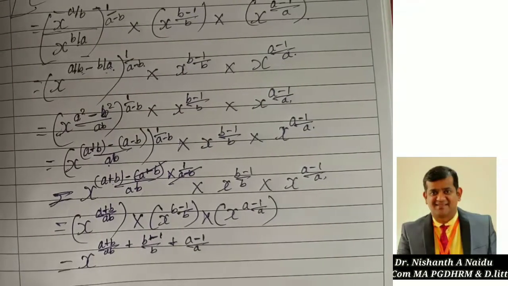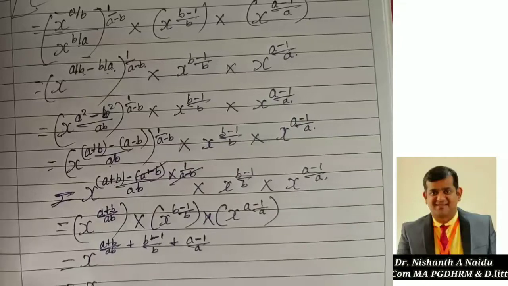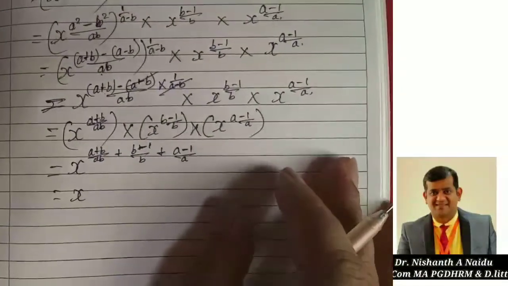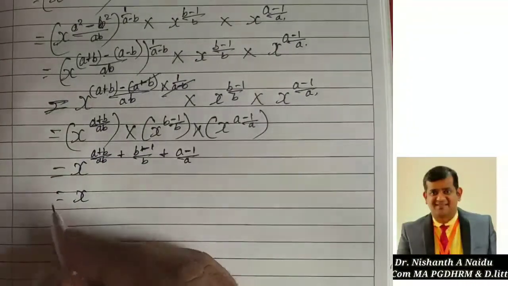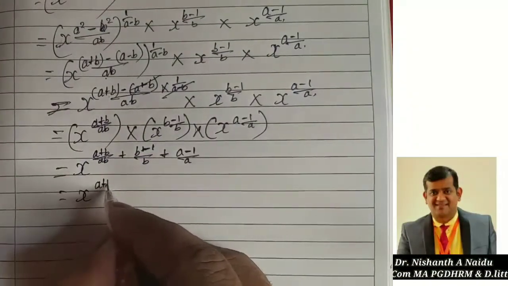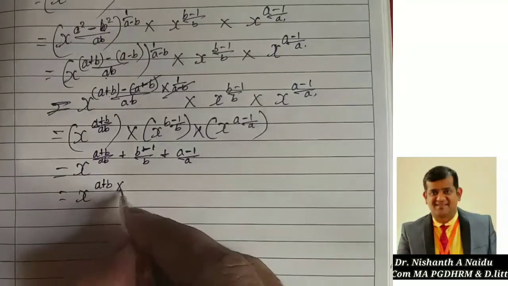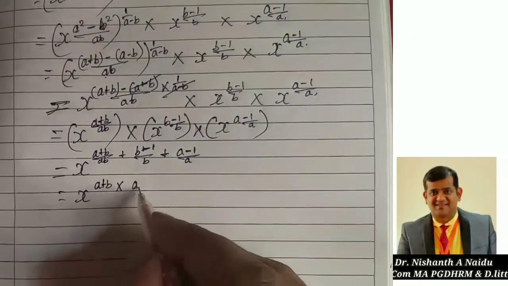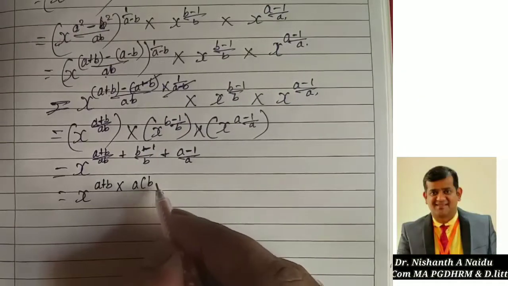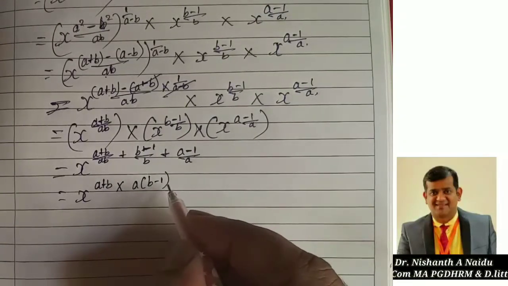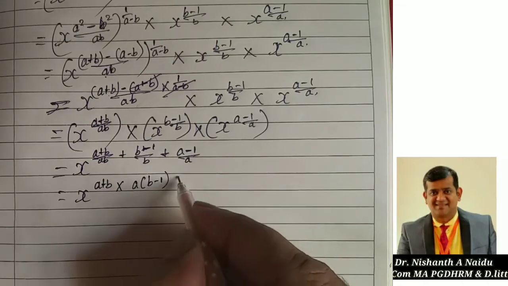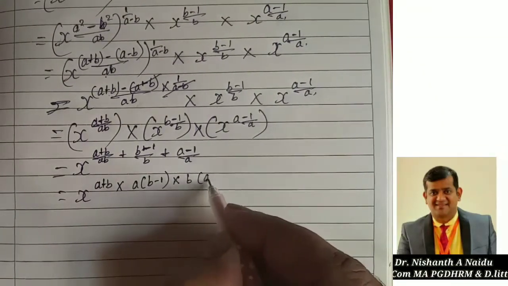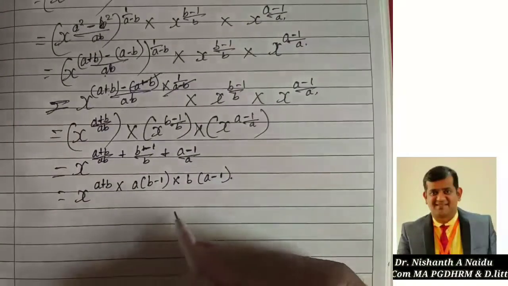Okay, so now that is equals x to the power, that is equals x to the power (a plus b) into (a into b minus 1), (a into b minus 1) into (b into a minus 1).